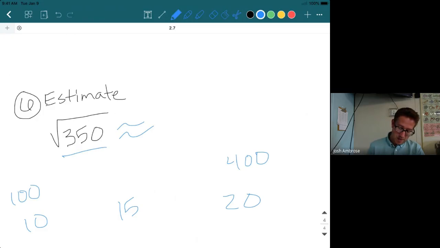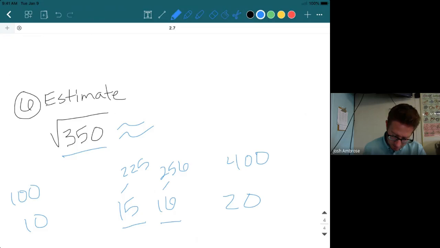Okay, so now you got to start by checking here. 15 and then go 16. Okay, and let's see how close. 15 and 15, I believe that gives us 225. Okay, where 16 and 16 is going to give us 256. We're getting closer, but not close enough.